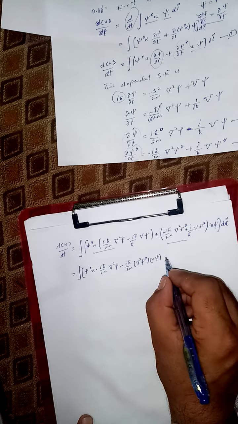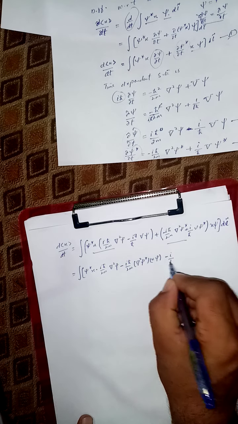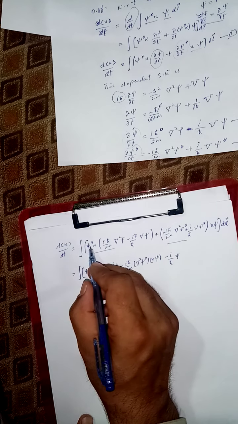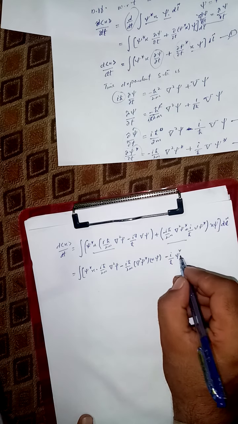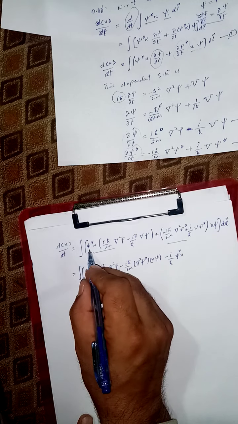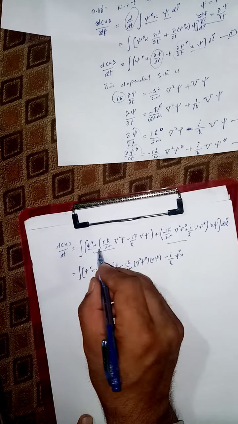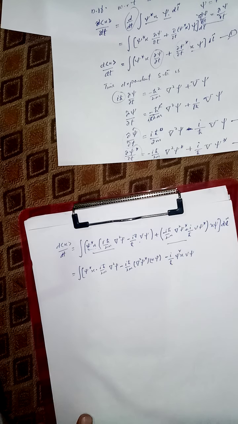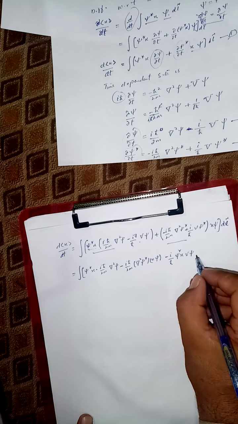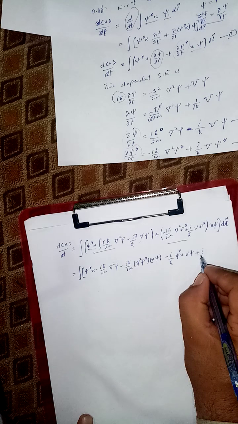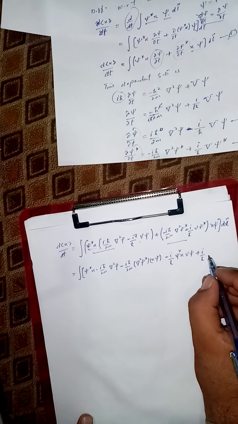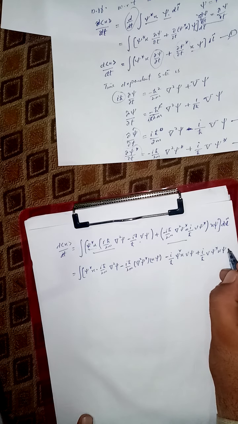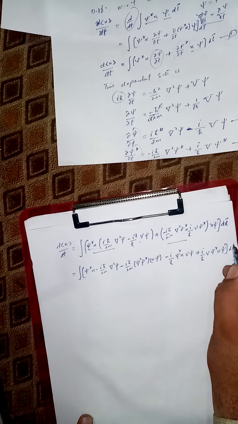and we have this term minus i over ħ ψ* into x, because this will get multiplied with this one, and we have Vψ, and here we have this plus i over ħ Vψ* xψ, and we have this dτ.